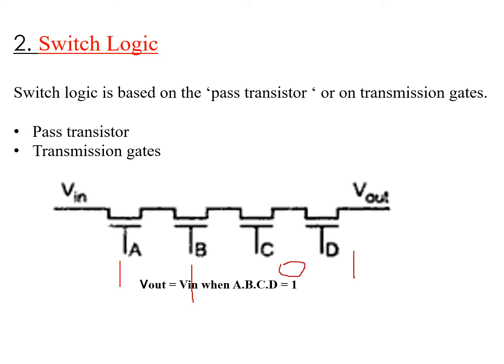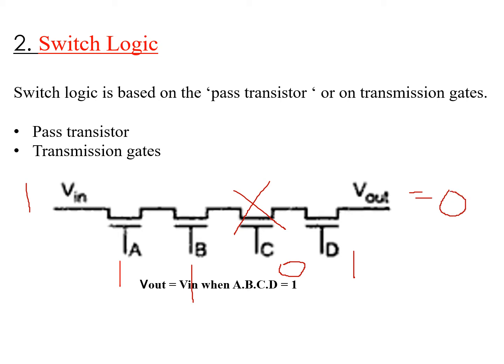In this particular case, if I give the voltage A as 1, B as 1, C as 0, and the input is 1, in this case the NMOS related to C is in the off condition. That means the output here will be 0 because the circuit is open here.